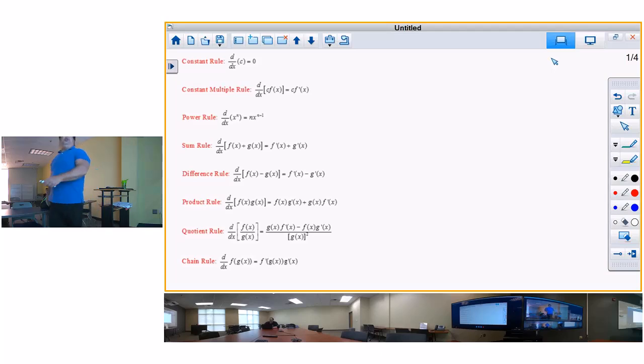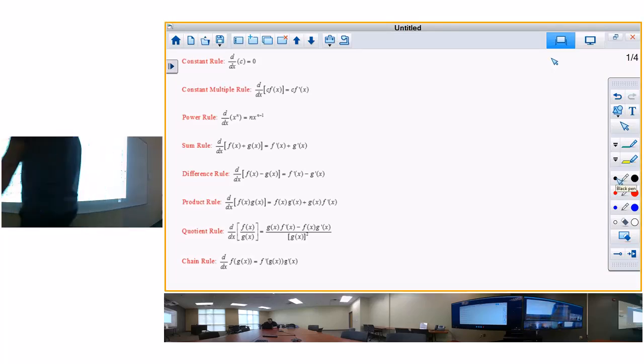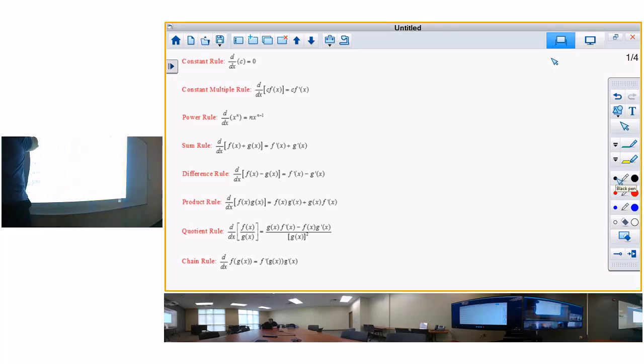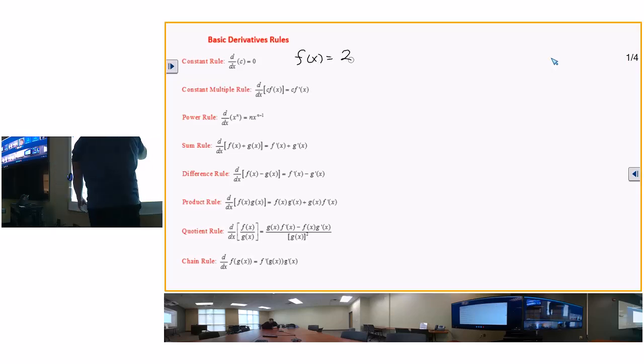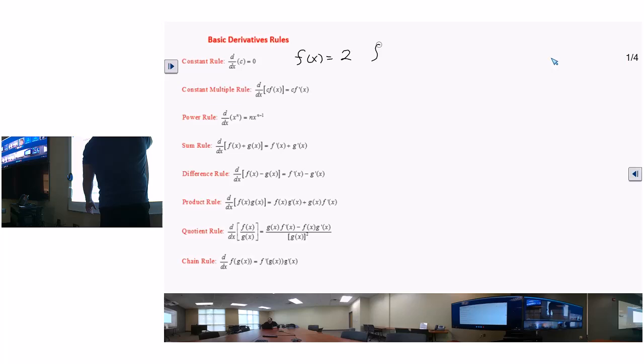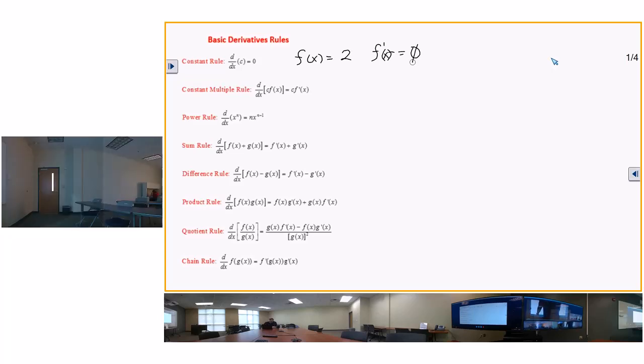So, with the derivative rule of constants, basically any derivative, if I say f of x is equal to 2, then you tell me f prime of x is equal to 0, no matter what you get. What if I have f of x is equal to pi?